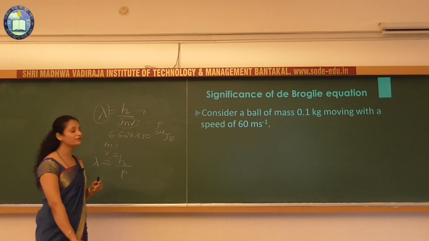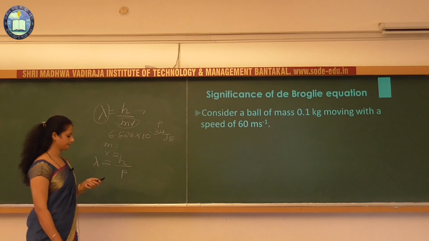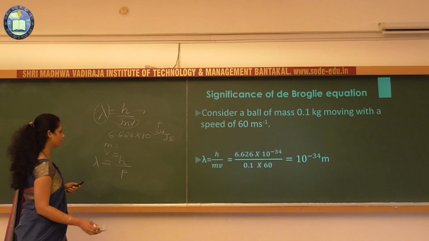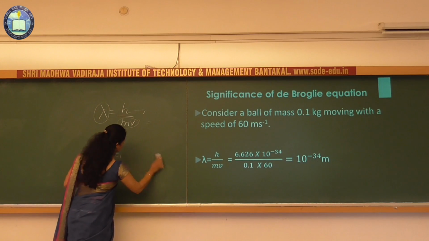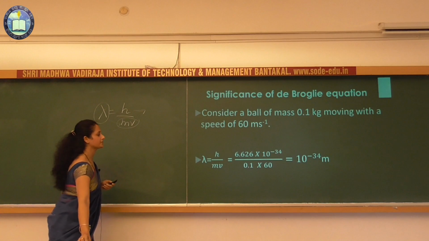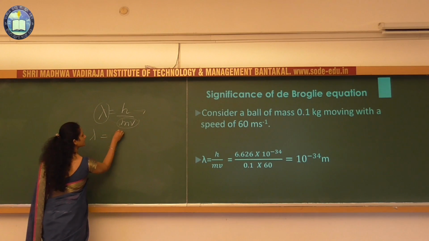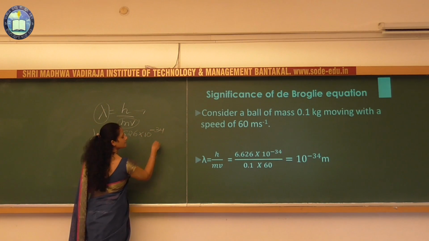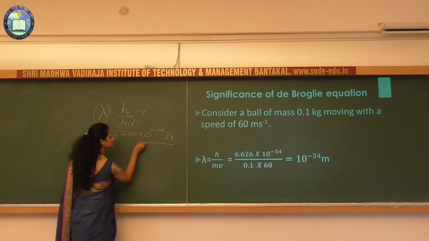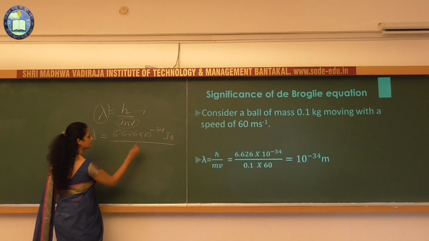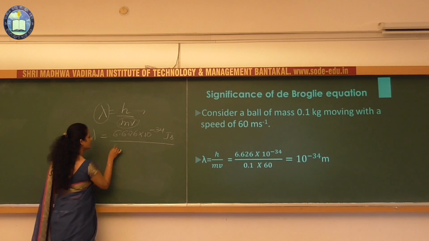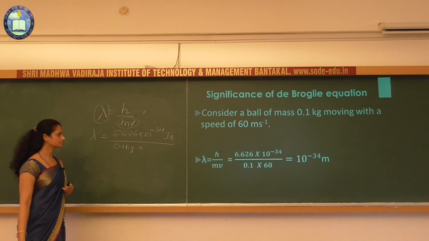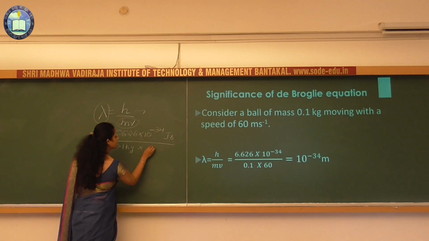Let us calculate the wavelength of this particular object using the expression lambda is equal to h by mv. Let us substitute h, Planck's constant, 6.626 into 10 to the power minus 34 joule second, divided by mass 0.1 kg into velocity 60 meter per second.